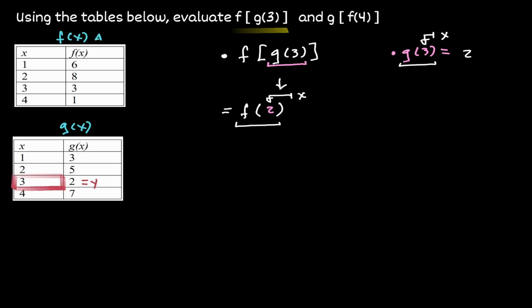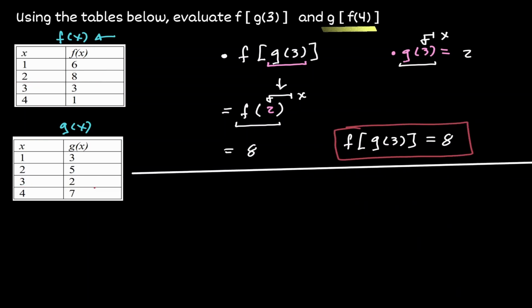Let's identify the location when x is equivalent to 2, which we have here. So we can claim that f of 2 is equivalent to the value of 8. Now we have our outcome. The composition of f composed of the function of g of 3 is equivalent to just 8.